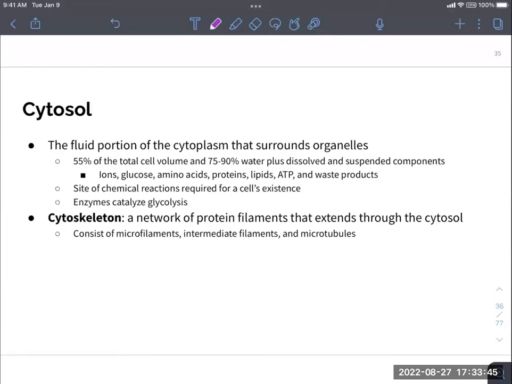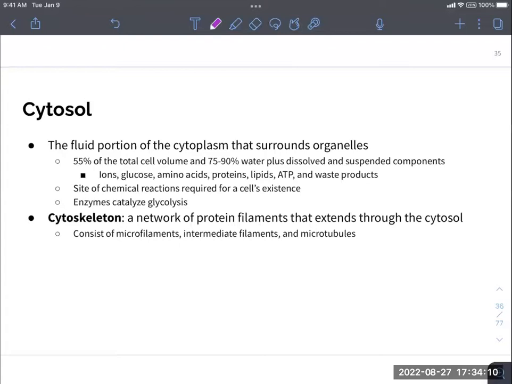It's where a lot of chemical reactions occur, which help the cell actually survive. It's also the site where we find enzymes that break down glucose or catalyze glucose to make ATP.